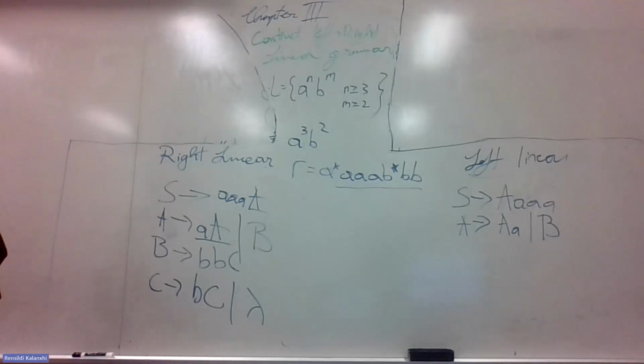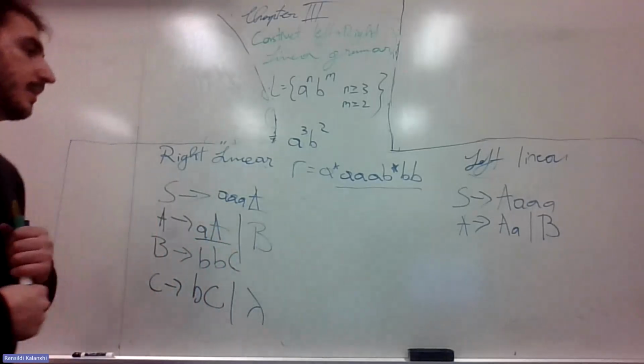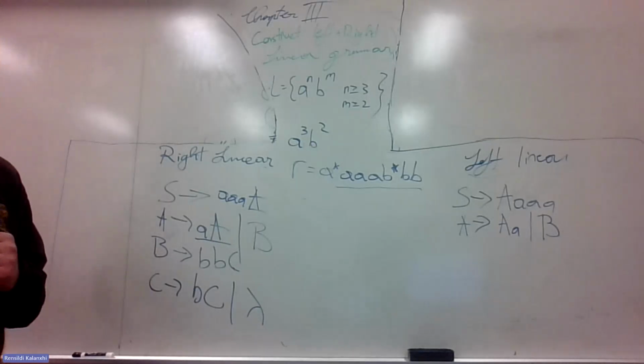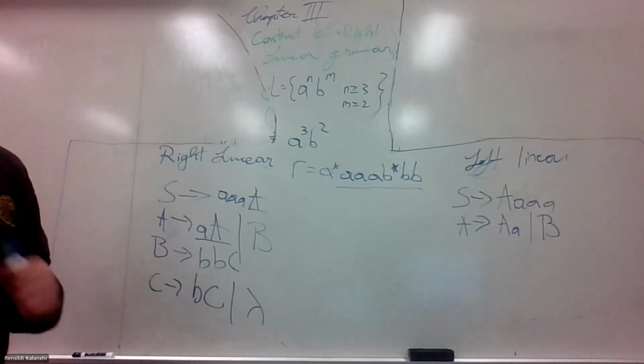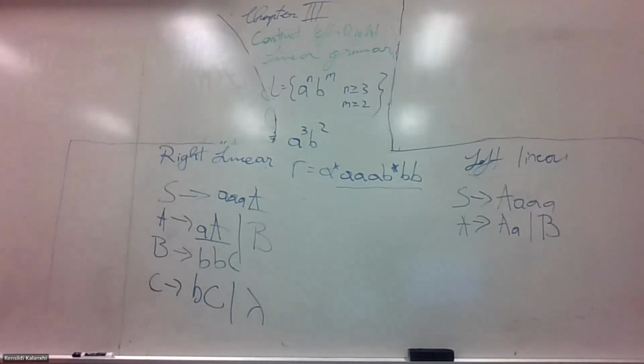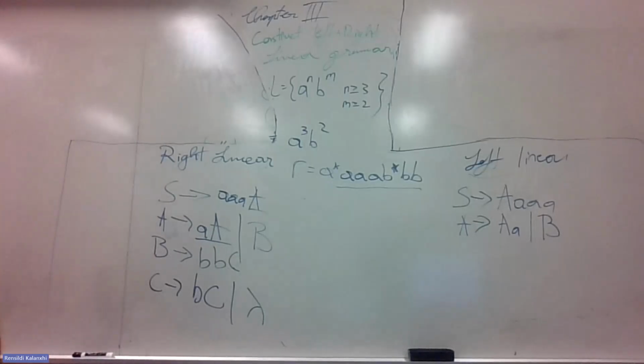Why is it B? I'm thinking. Wait, why do you put AB then? You put AB in your notes. This is left, this is right. We're doing left right now. Oh, you have A, B. Okay.